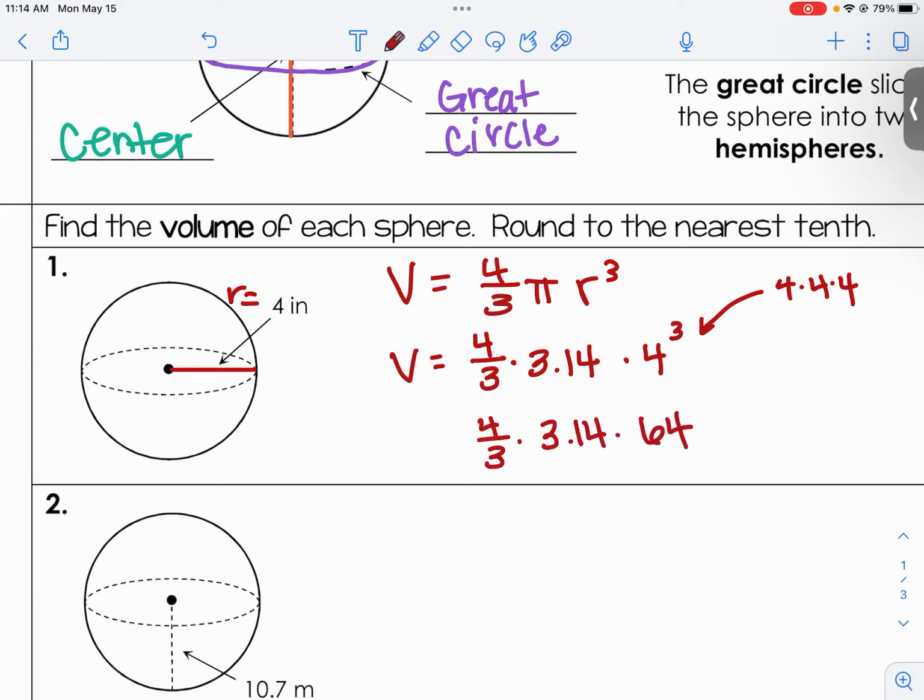Okay, this is what I'm going to have you do. I'm going to have you work this way. Can you take 64 times 3.14?